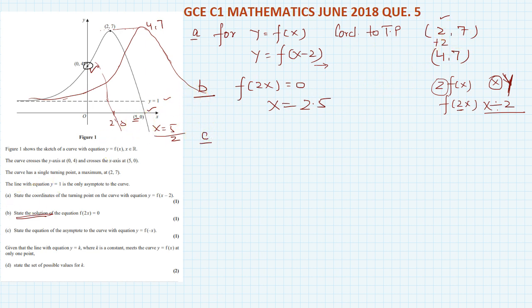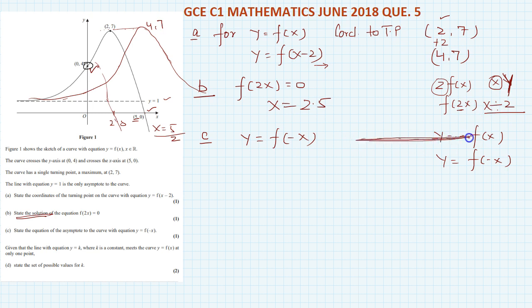Part C. State the equation of the asymptote of the curve with the equation y is equal to f(minus x). Now again you have to understand two things: y is equal to minus f(x) and y is equal to f(minus x).